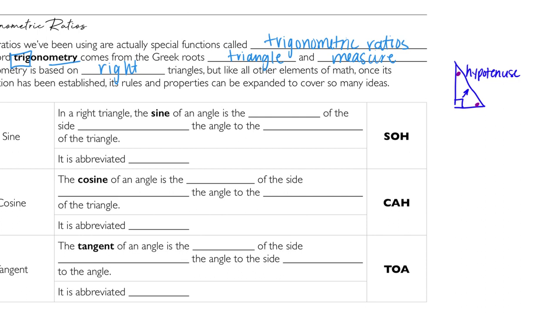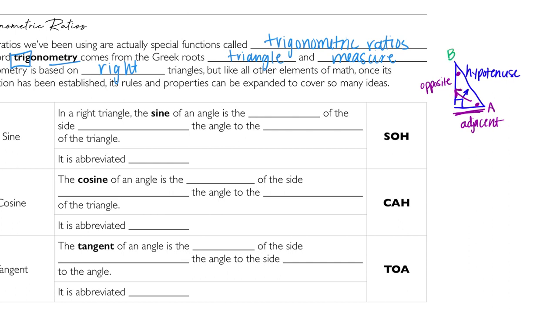So let's say we're looking at this angle down here. We'll call it angle A. The side that is across from angle A, we call the side opposite A. And the side that's touching angle A, other than the hypotenuse, we call the side adjacent, because adjacent means next to.